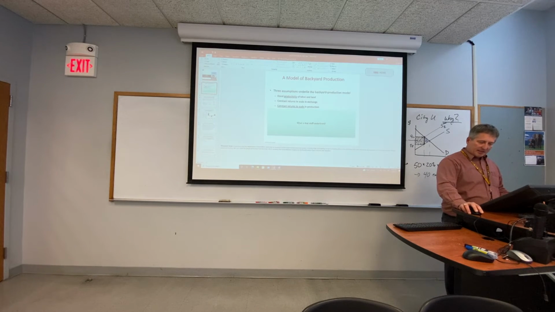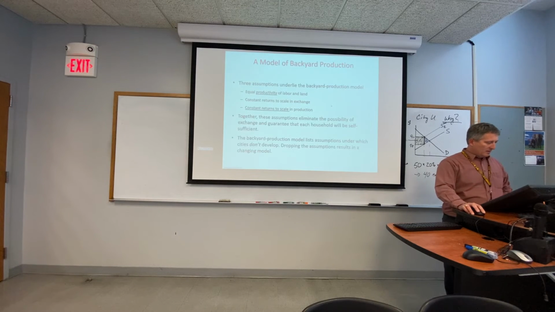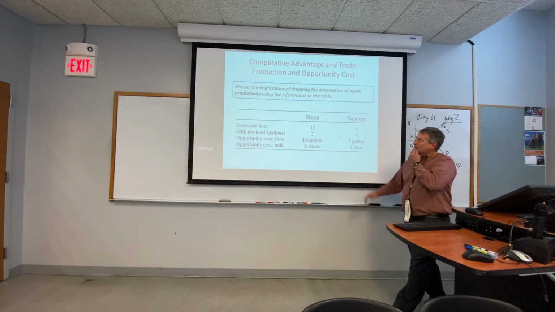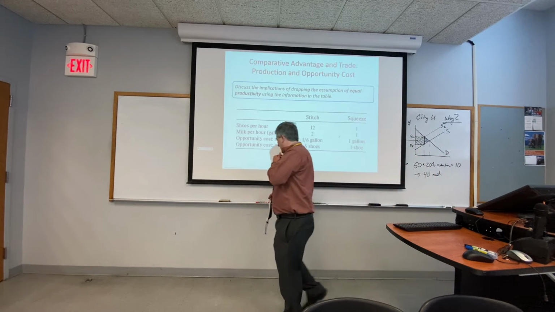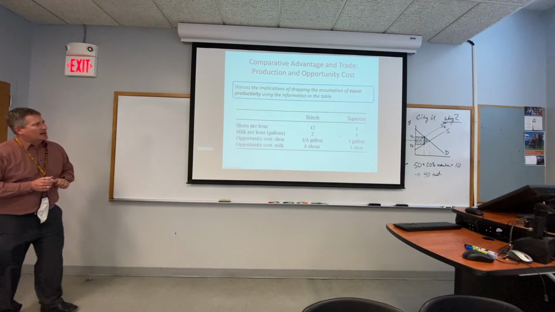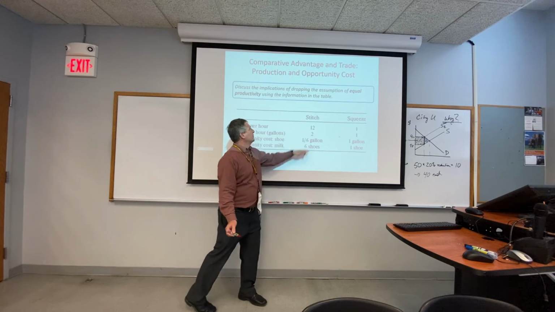All right, so this was the comparative advantage model. With these, just look at the trade-offs. I like to always put it in equations. So Stitch can do 12 shoes or 2 milk.